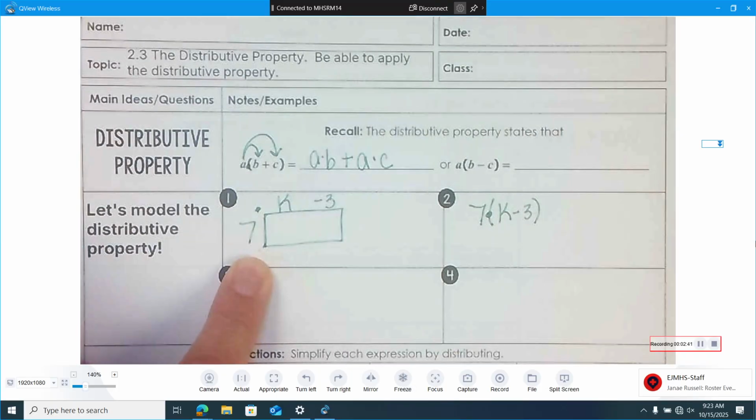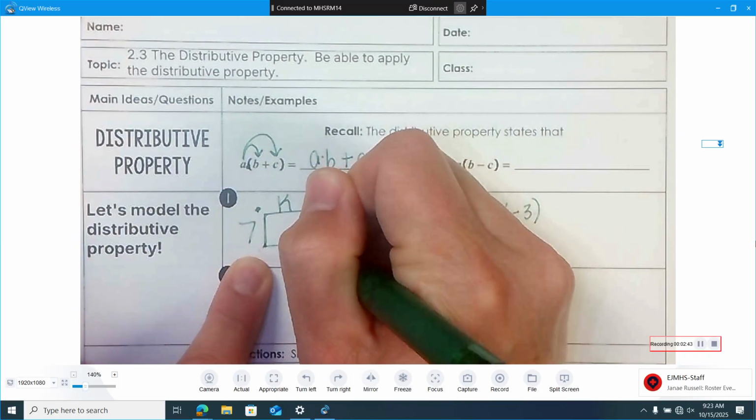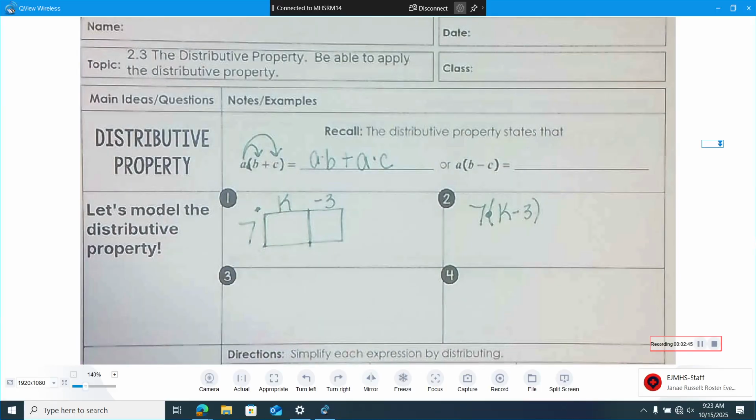What we can do is partition this into 2 smaller areas, and we want to fill in those areas, and then that's how we multiply everything, okay? You're going to see this model come up throughout the year, all right? We're going to use this to help us multiply very complicated things as well. And it's a great, great model.